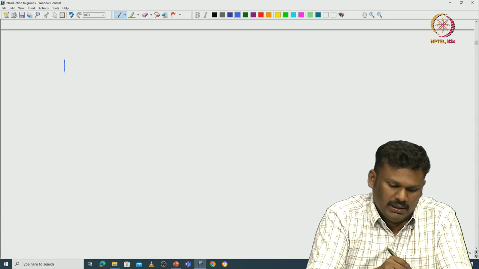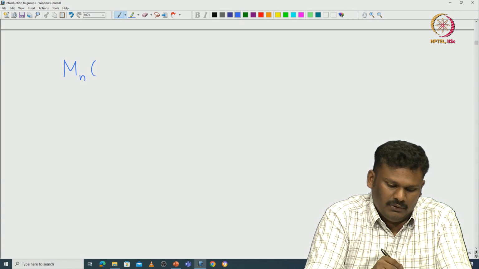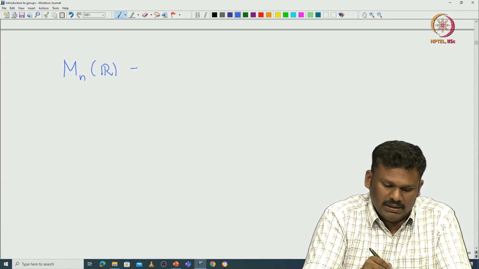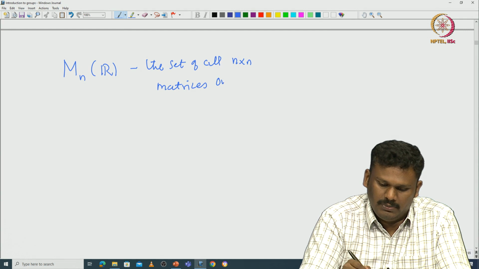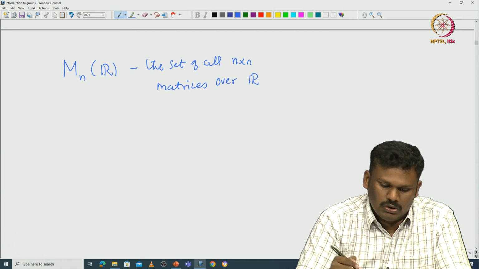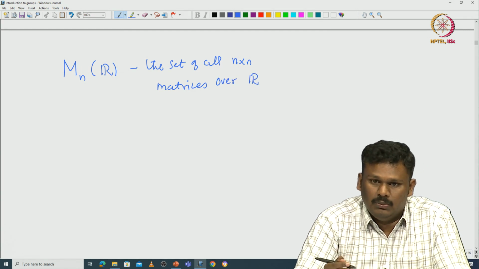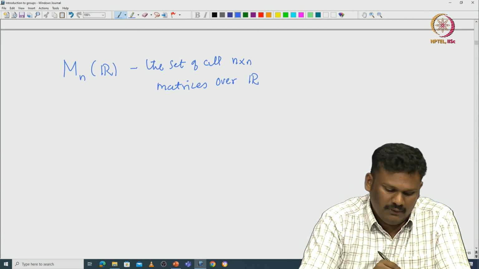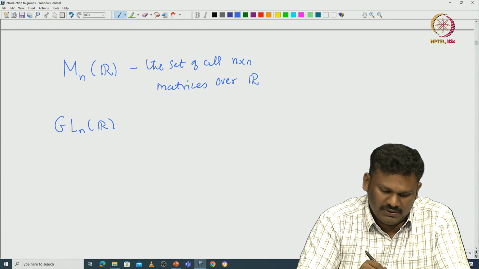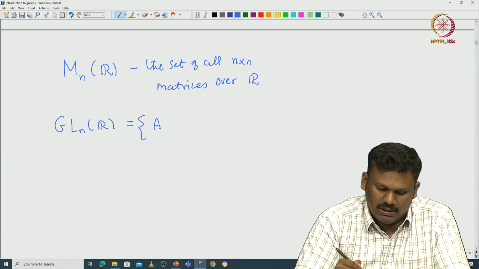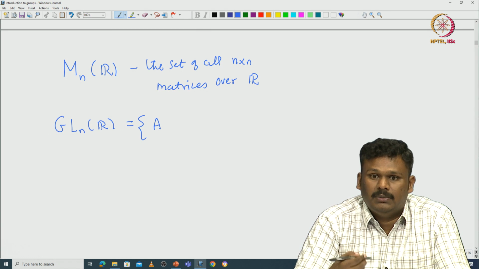For example, you can take M_n of R, that is the set of all n by n matrices where entries are from real numbers, so that means over R. In this M_n of R, I am going to define a subset which I call GL_n(R). So what is that? It's the collection of all invertible matrices.